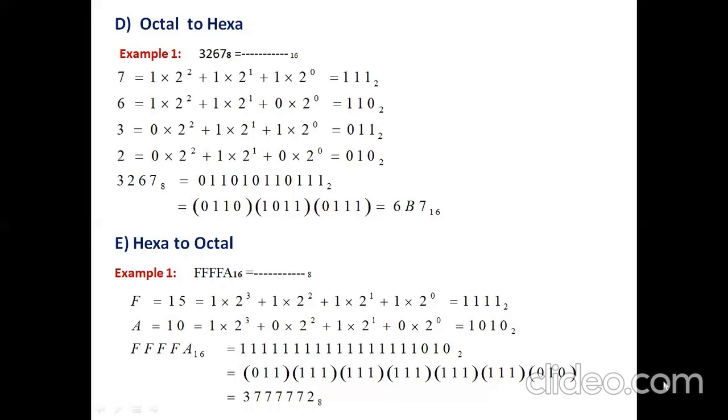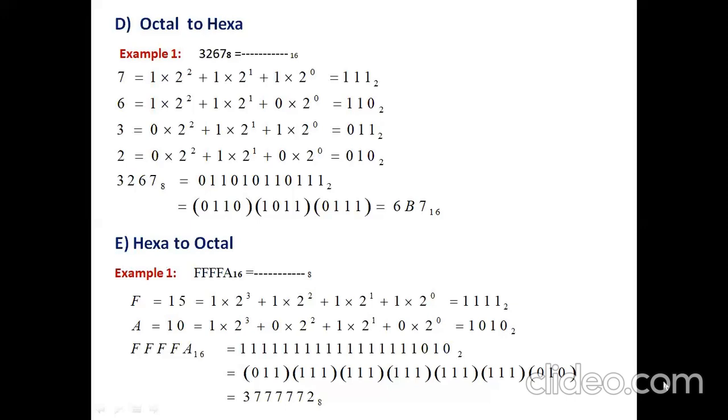Next, hexa to octal. Again we follow the similar indirect method to convert from hexa to octal. So we have FFFF and A. F means 15, so for 15 you find the binary number: all ones, 4 ones, 8 4 2 1.